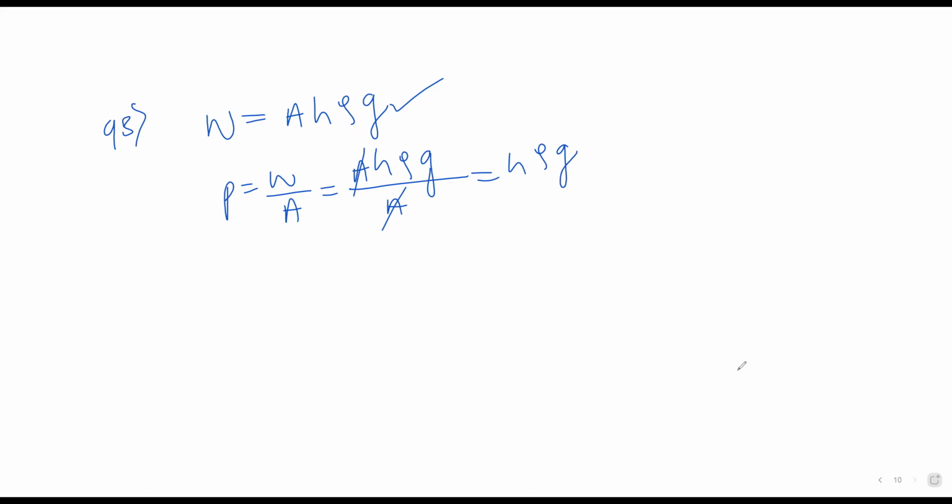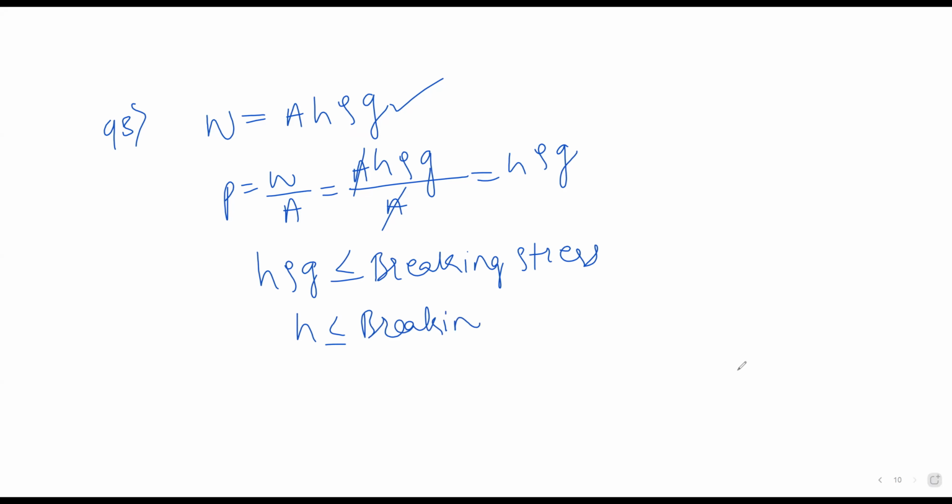The mountain will exist if rho g h is less than or equal to breaking stress. Therefore h is less than or equal to breaking stress divided by rho g.